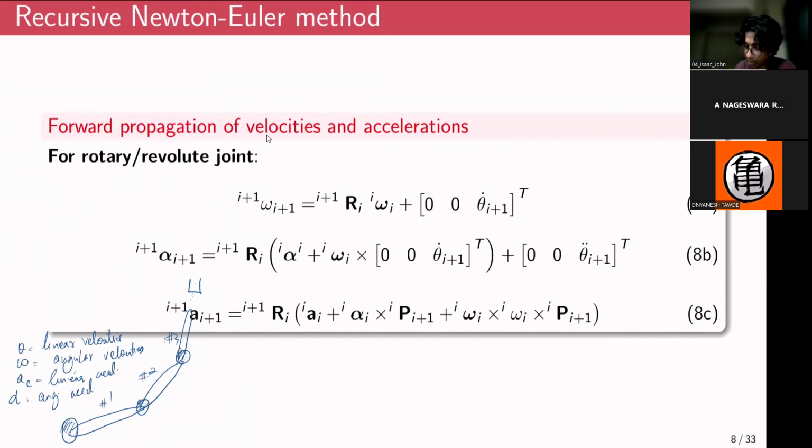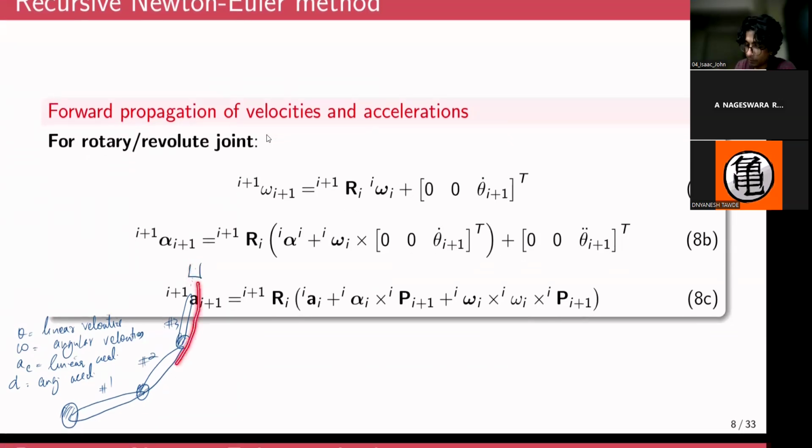Starting from the ground, the total velocity and acceleration of the end effector would be influenced by all the preceding joints.